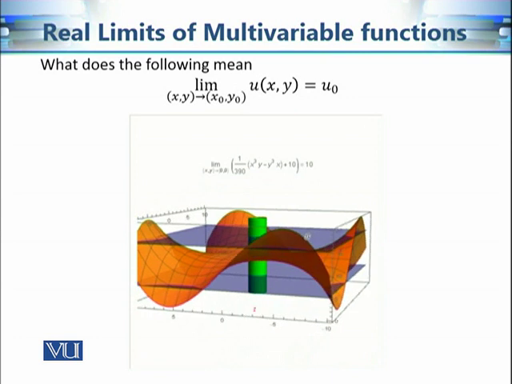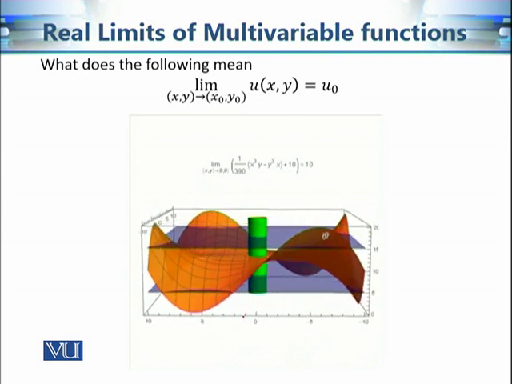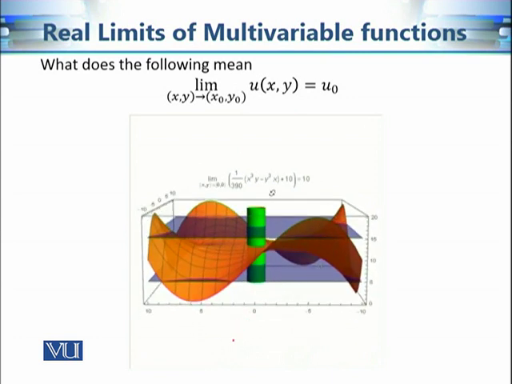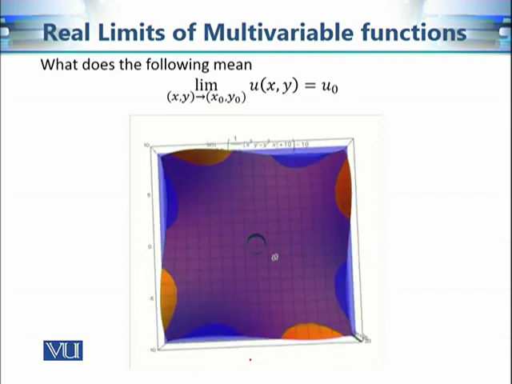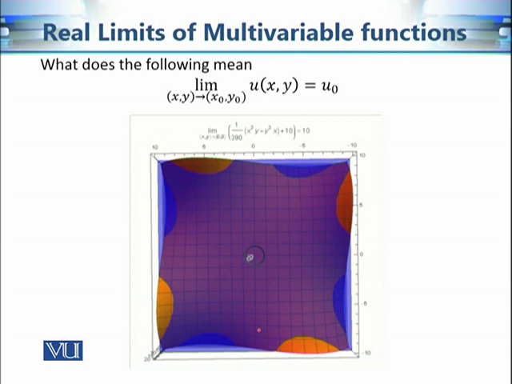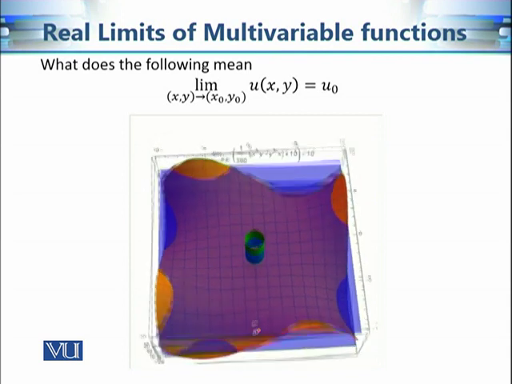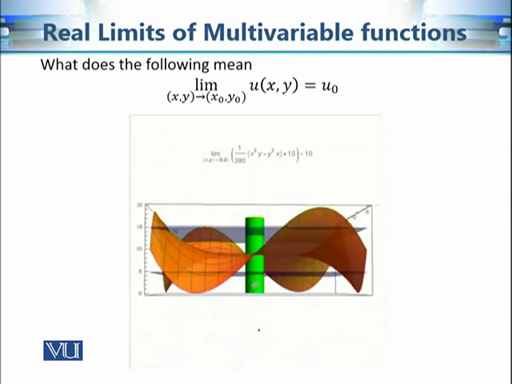In other words, we want to see if there are some points in the domain such that all the functional values corresponding to those points lie between these two blue sheets. These two blue sheets are basically describing the epsilon distance along the z-axis.